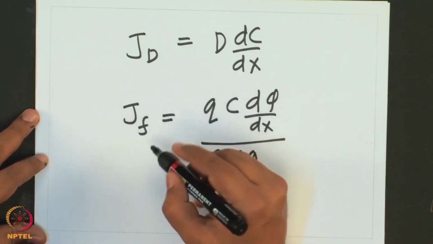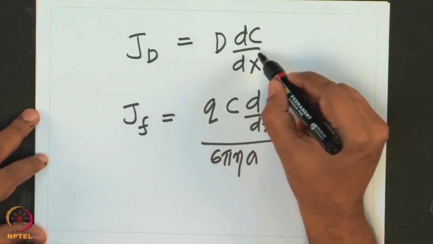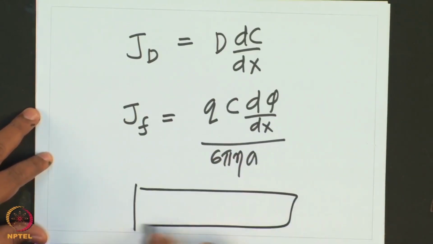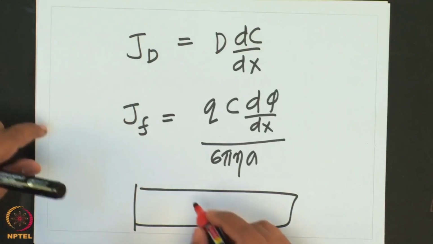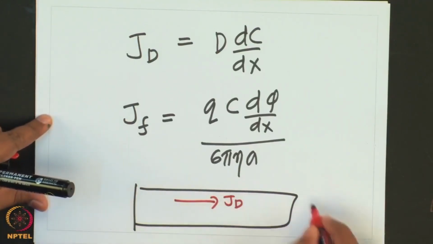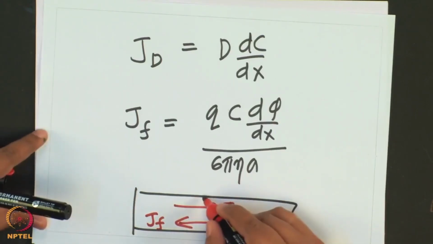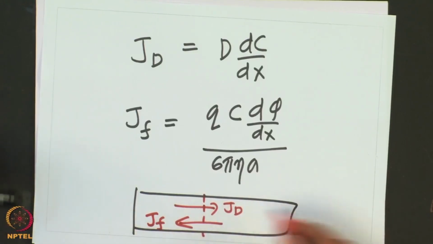So we have two currents, the diffusional current and the current due to the force, and one will flow, the diffusion current would want things to be flowing this way, while the Jf will be in this opposite direction, and these two currents are equal in magnitude and opposite in direction, then the net flow will be 0.